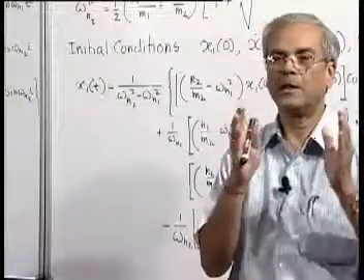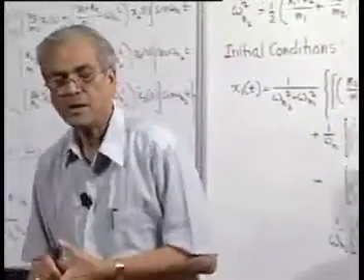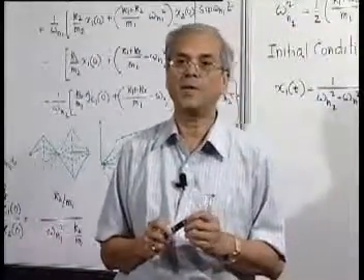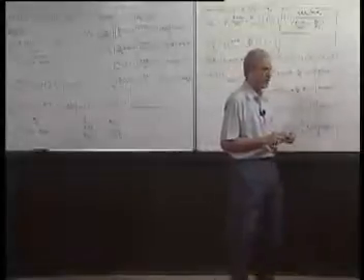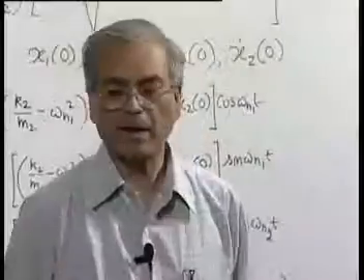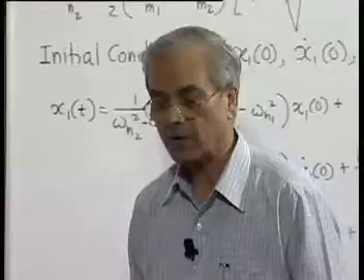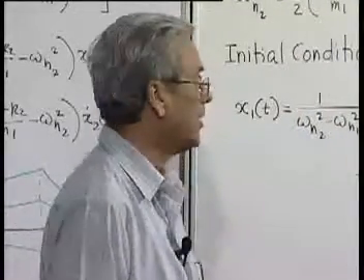Just like an arbitrary function can be expressed in the form of a series of simple harmonic functions like a Fourier series, here also it is quite easy to understand that any kind of oscillation can always be represented by a combination of its natural mode oscillations.